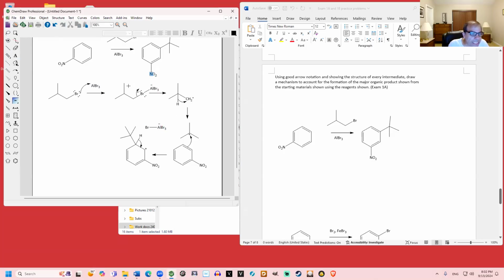This over here is what we get from the step where we form the carbocation. And again, I think it's much more logical to show the electrons in the bond picking up the proton and making HBr. And once we do that, we've got our product.